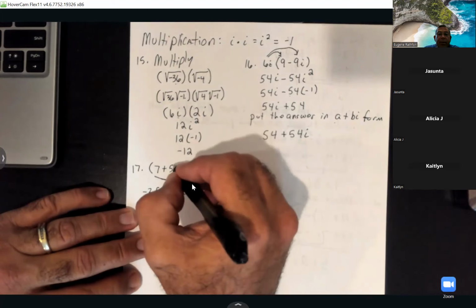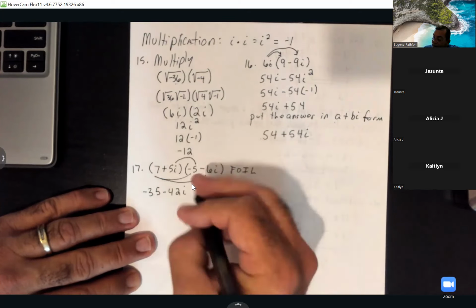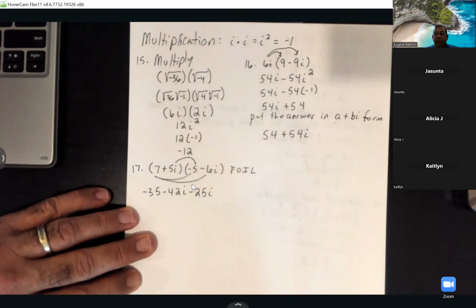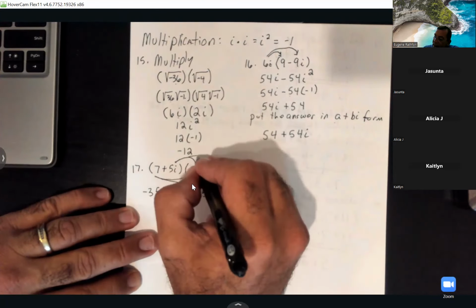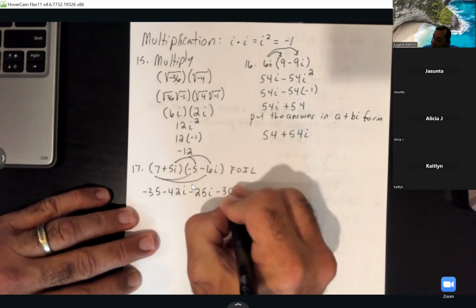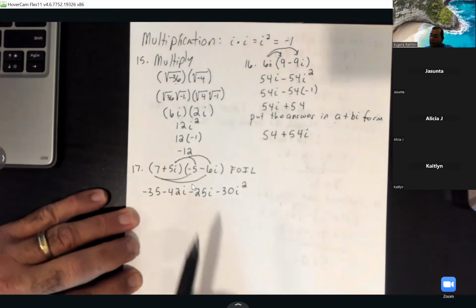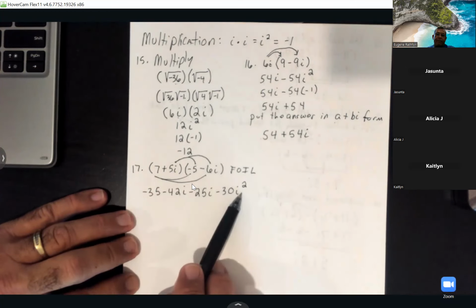So now let's distribute this. 5i times negative 5 is a negative 25i. And y'all, finally, the 5i times the negative 6i is a negative 30i squared. So when you multiply the I times I, you get the I squared.